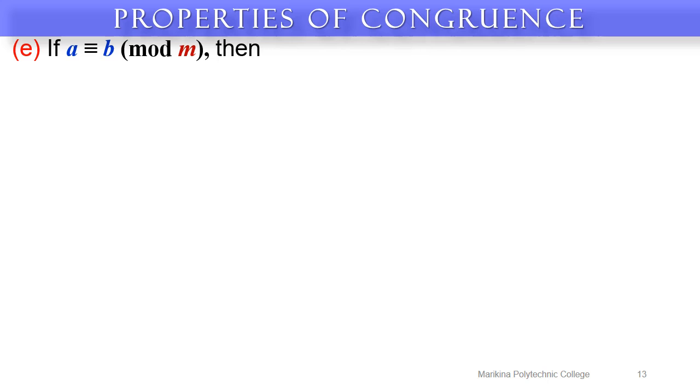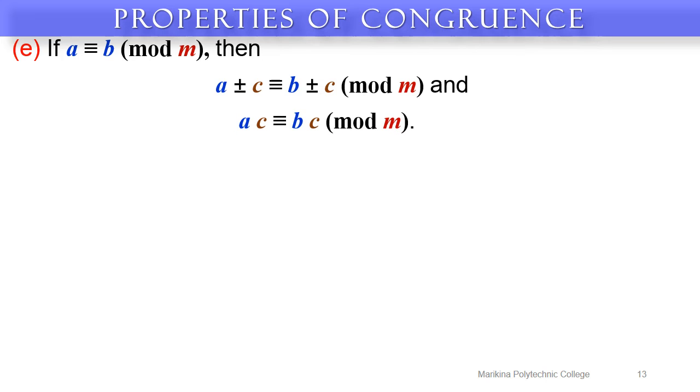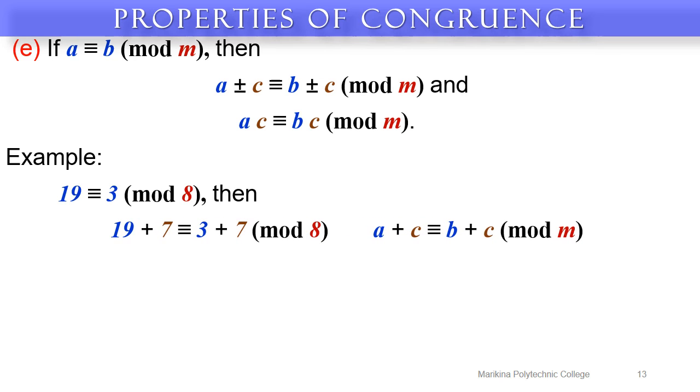Next, if a is congruent to b modulo m, then a plus or minus c is congruent to b plus or minus c modulo m, and a times c is congruent to b times c modulo m. Example, 19 is congruent to 3 modulo 8, then 19 plus 7 is congruent to 3 plus 7 modulo 8, or 26 is congruent to 10 modulo 8.